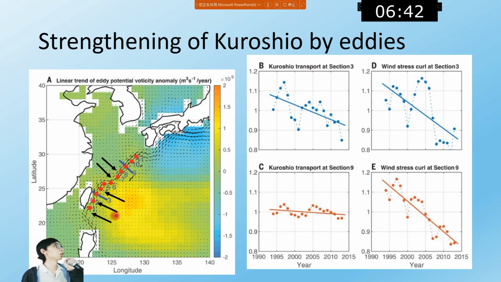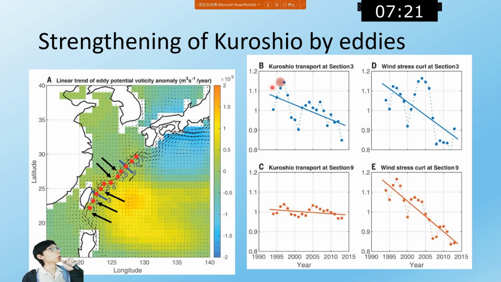So the eddies push the Kuroshio currents toward the east, and then the western positive PV flux works to increase the PV of the main components by accelerating the current northward. And this is one of the mechanisms for the acceleration of the Kuroshio current in the recent decade.